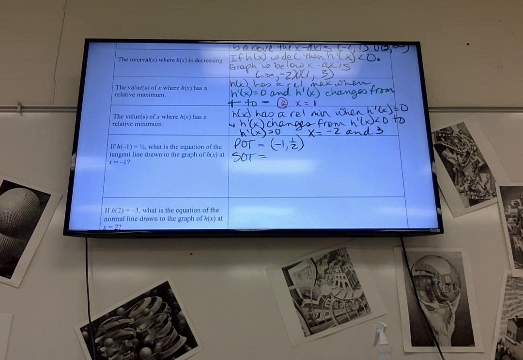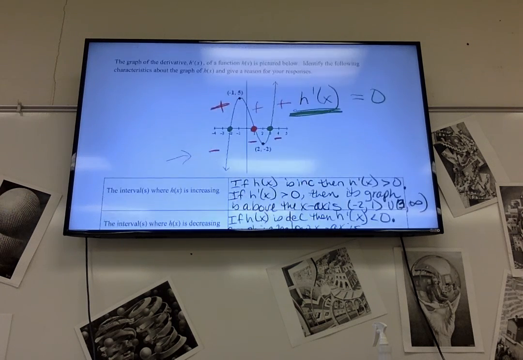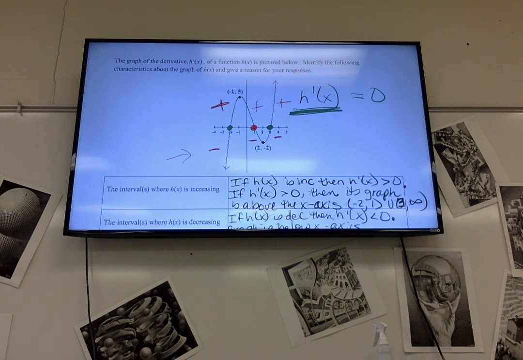Now, the slope means the slope of the tangent line at x equals -1. Well, remember, this graph is already the derivatives. So, what is the slope?